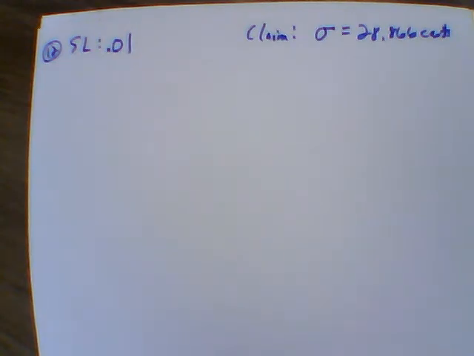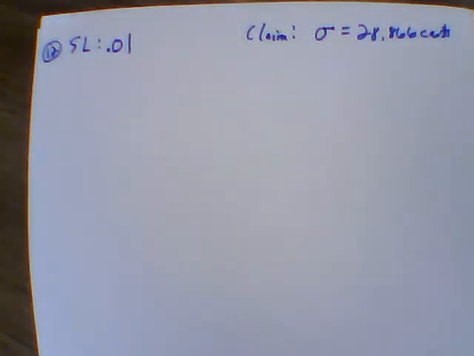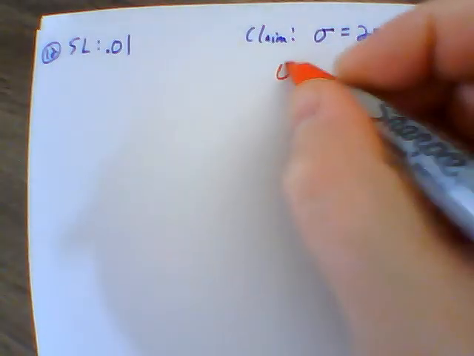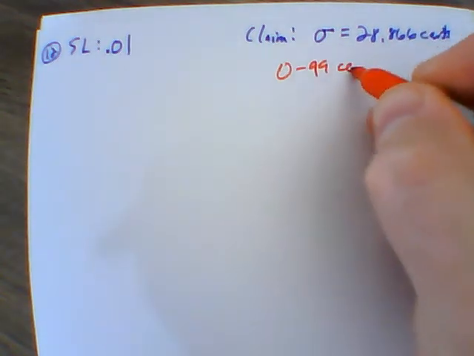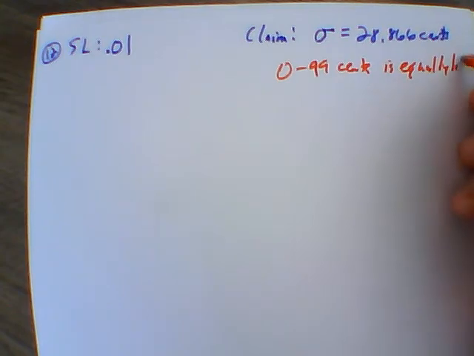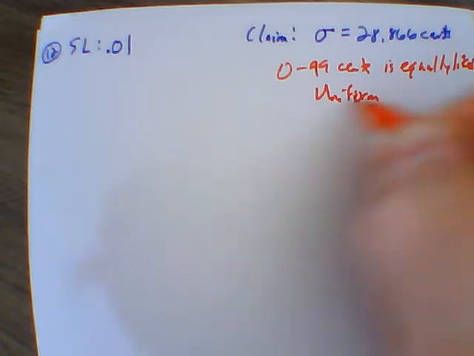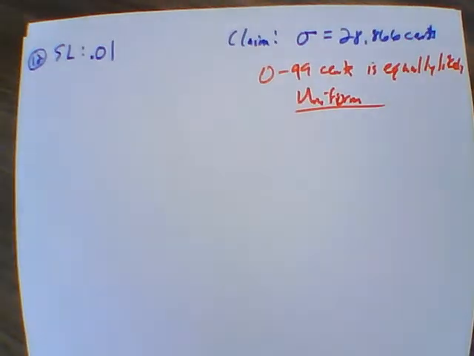Okay, so if we were to consider that 0 to 99 cents in a transaction is equally likely, this is talking about a uniform distribution. So if we remember back, when we test our standard deviation with chi-squared, we have to fit a strict normal distribution.